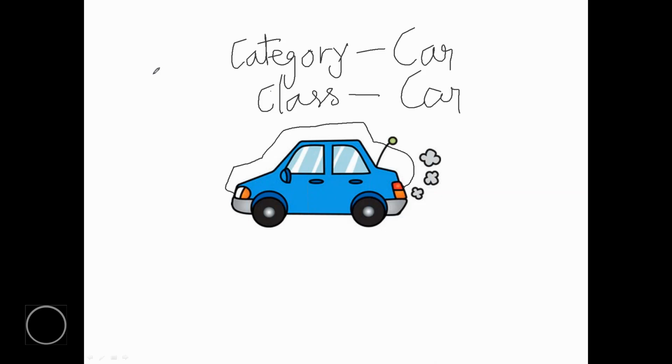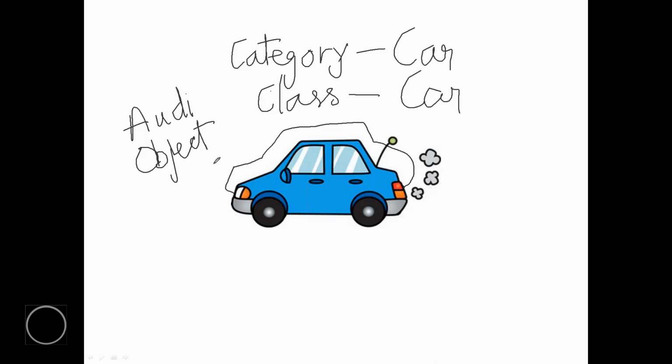Okay, when you talk about a particular car, when you said an Audi car, when you became specific, or you said a Mercedes Benz car, when you're taking some particular name, some specific name, we say we're talking about the object in Java. So class represents a category, and an object represents a particular manifestation of that category. Audi is a particular manifestation of a car.